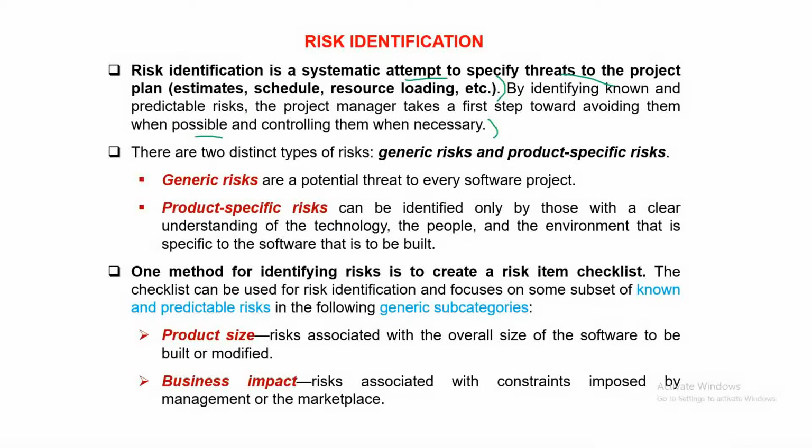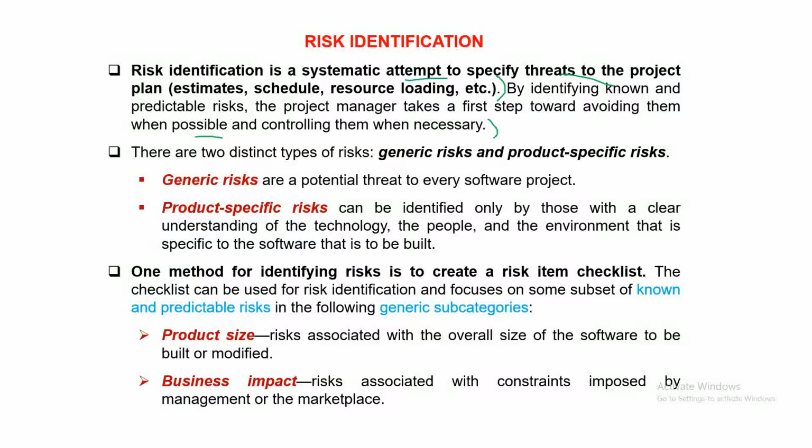If the project manager can estimate the probable risks, then those risks can be avoided whenever possible, like when the team feels a situation is leading towards a potential threat or risk.